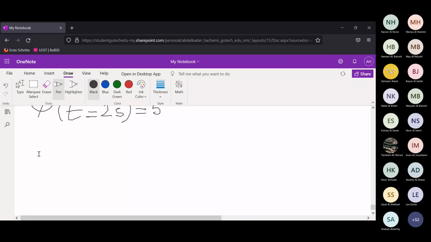That means we have now v at time t equal to 2 seconds.